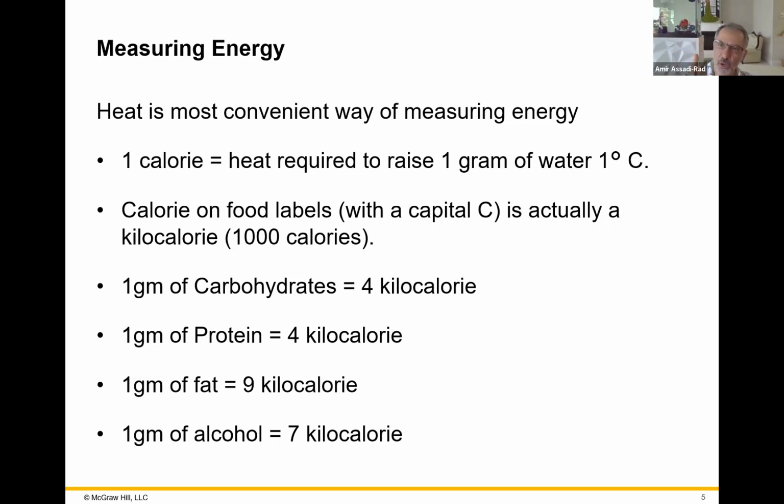Because 1 gram is so small, they say 1,000 grams, which is equal to 1 liter.